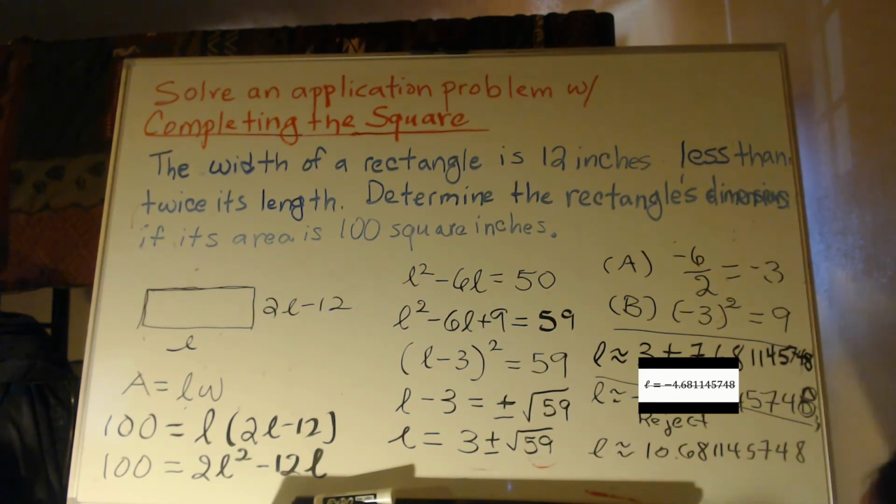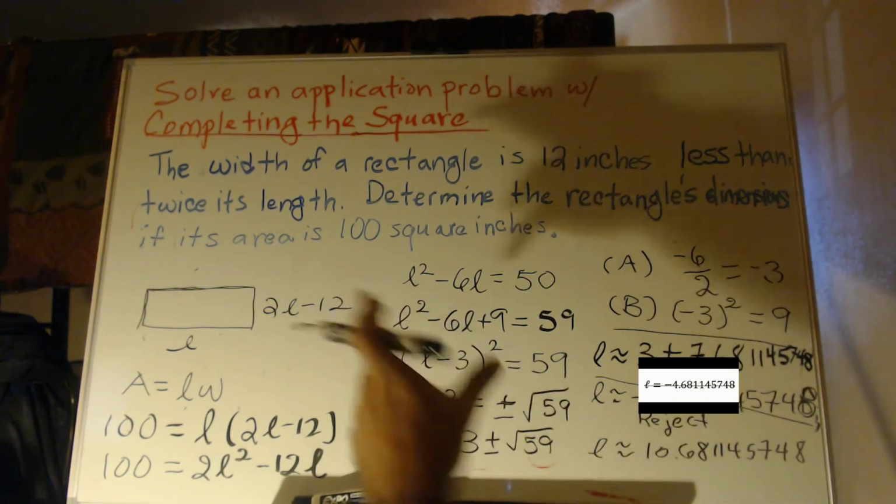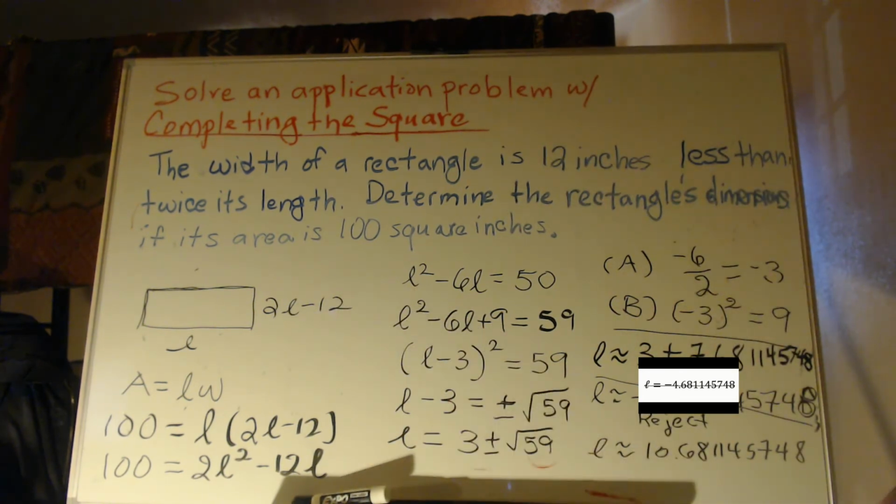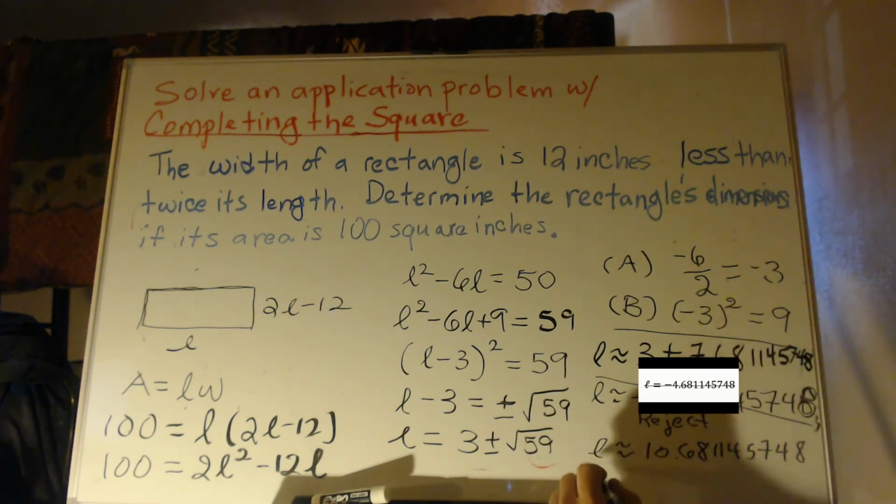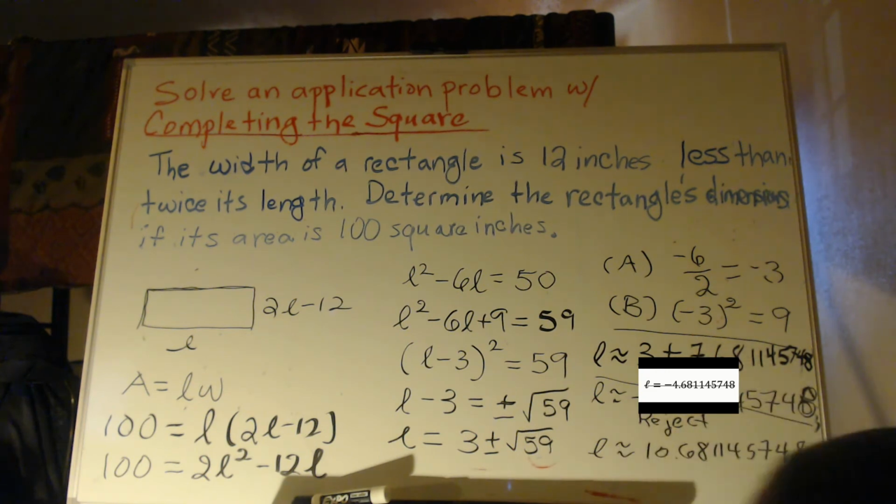And as I said, I meant to write this in the directions, but if we're rounding this to the nearest tenth, then L is going to be about 10.7 inches.